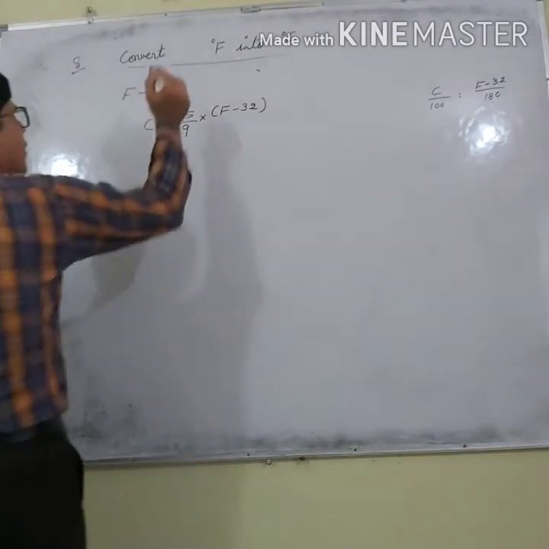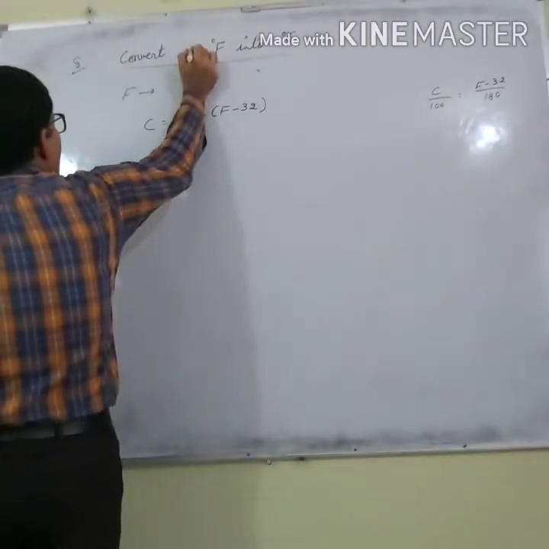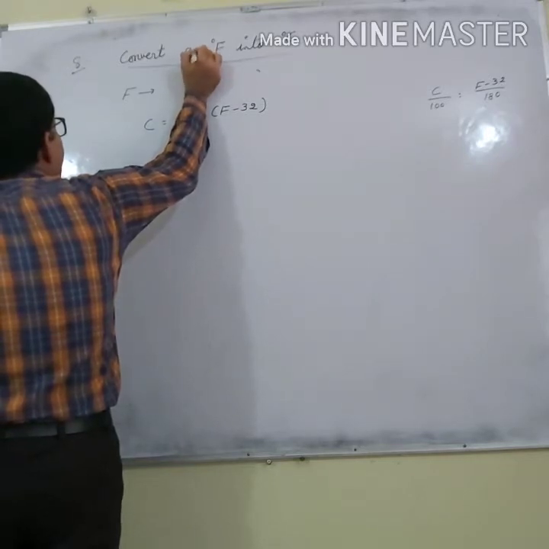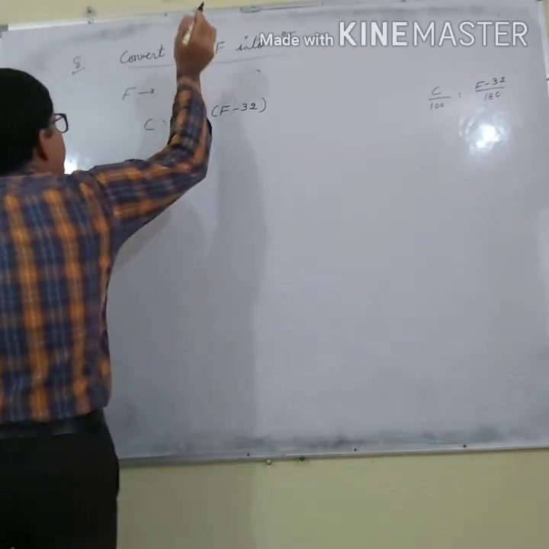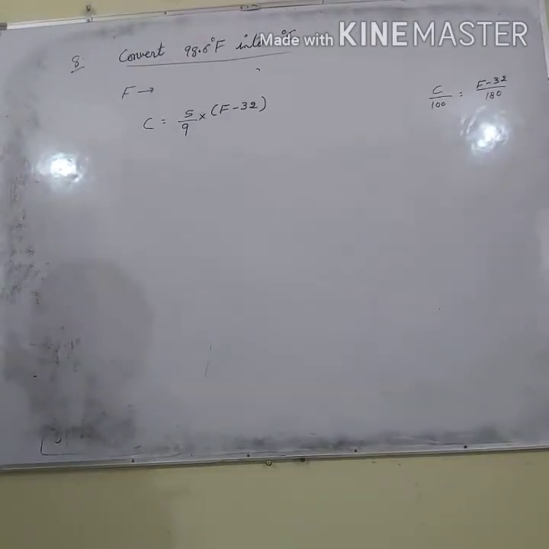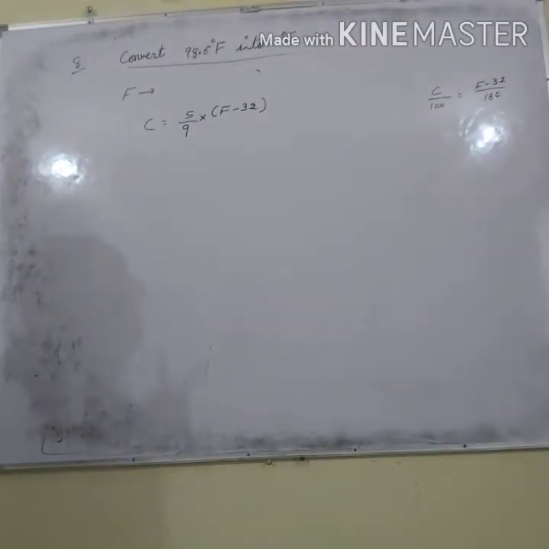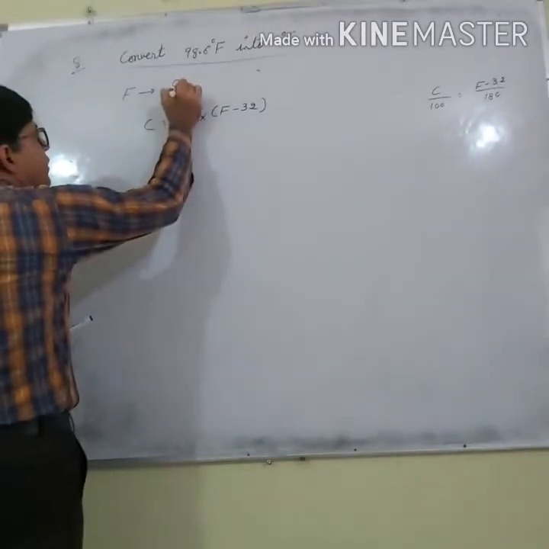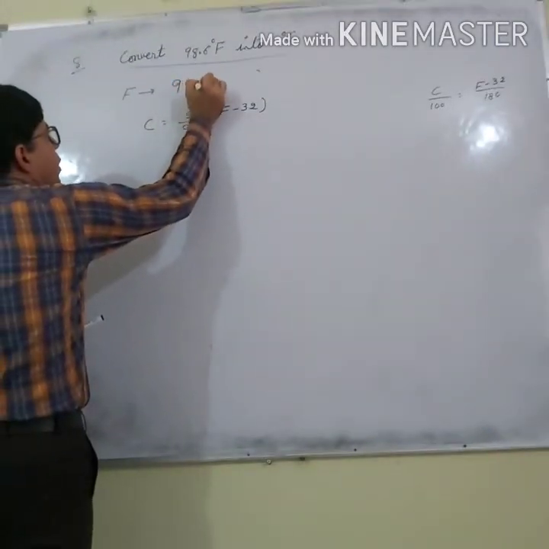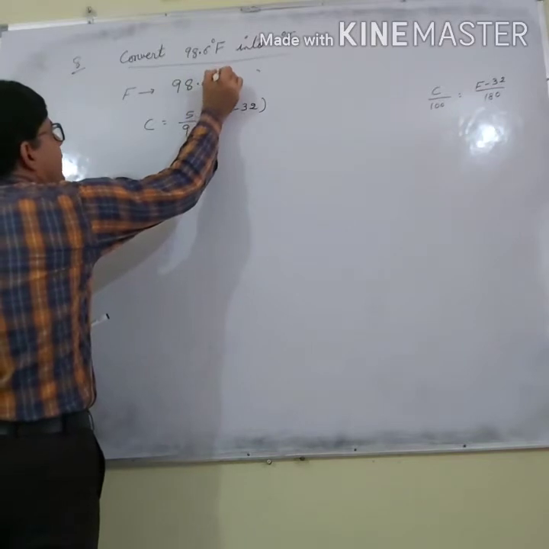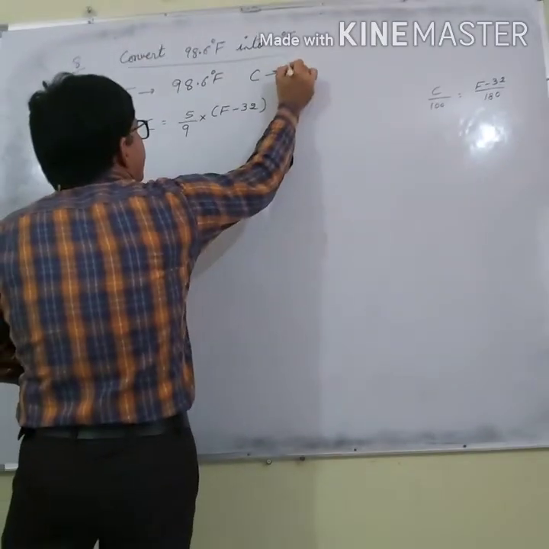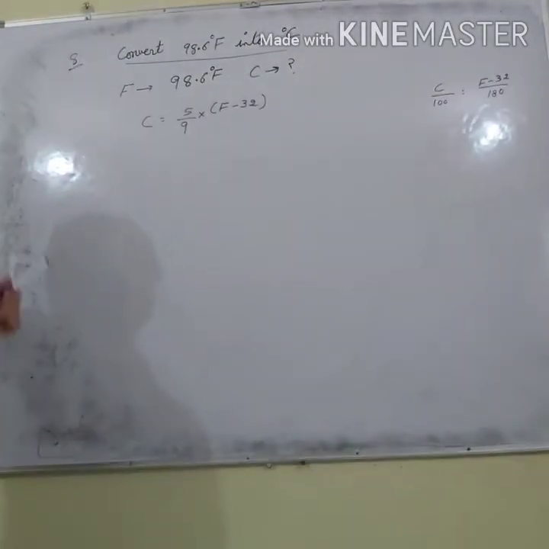Convert 98.6 degree Fahrenheit into Celsius. Do you know what this is? And I have to calculate the temperature in Celsius. Let's do.